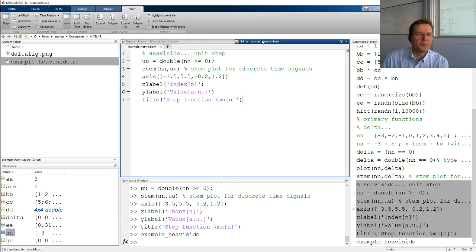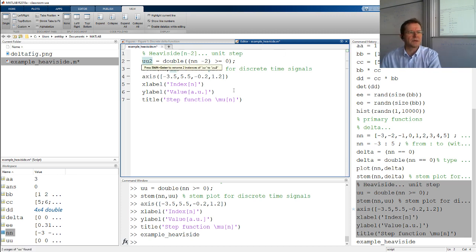So the good part of a script is that if you have some changes on your system, for example, if you want to make Heaviside with time shift, that would be same as time shift of 2 for the Heaviside.